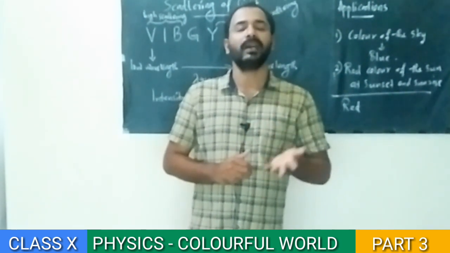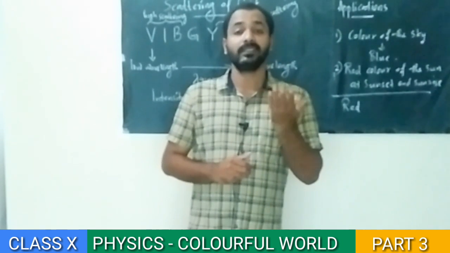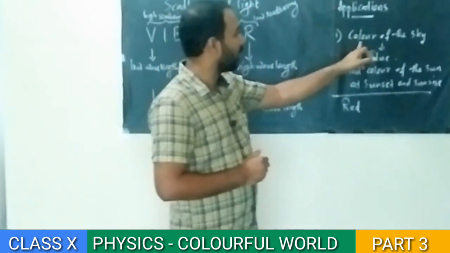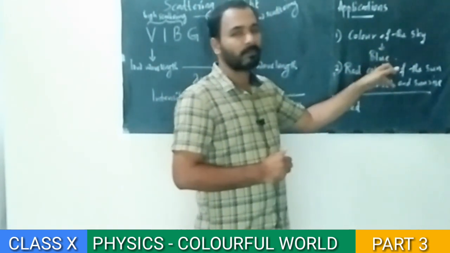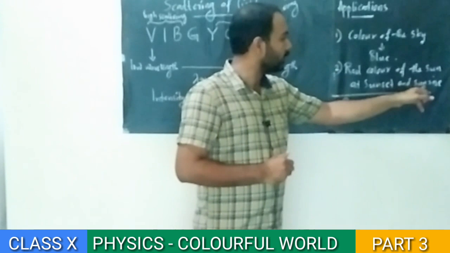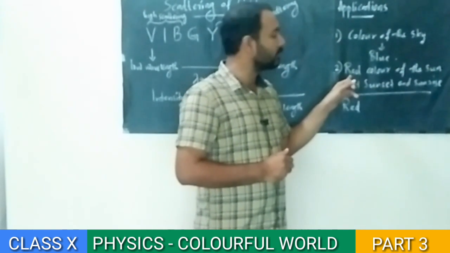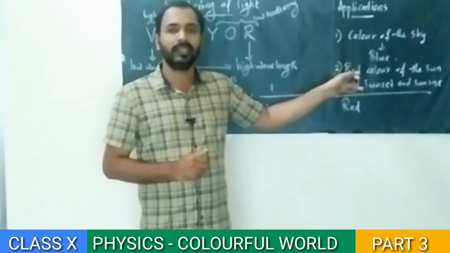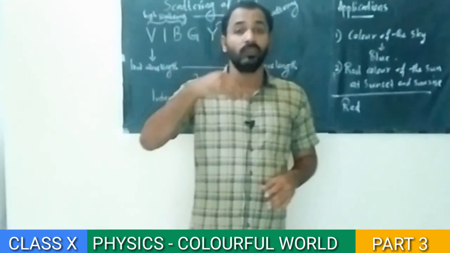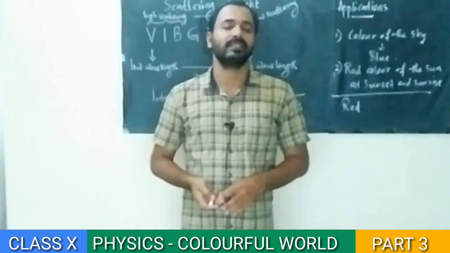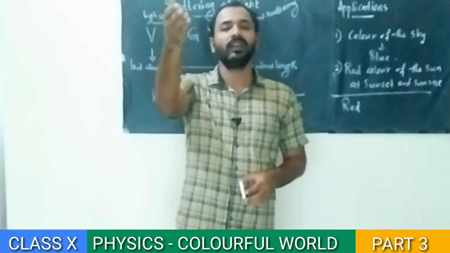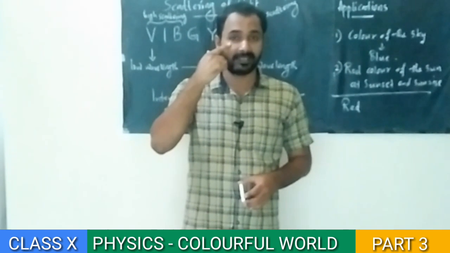In the very fine particles, which color scatters more? Blue color scatters more. That's why the color of the sky is blue. At sunset and sunrise, the sun appears red. Why? At sunset and sunrise, the sun is very far away from us, so light has to travel a long distance to reach our eyes.